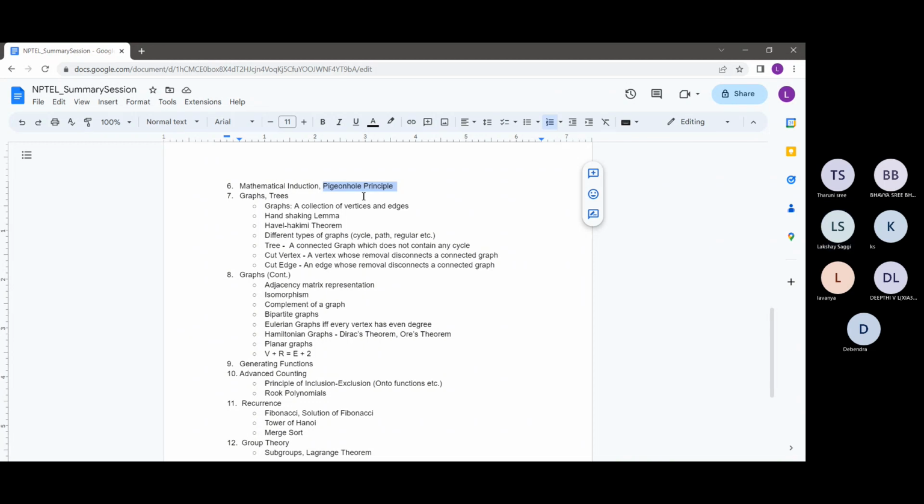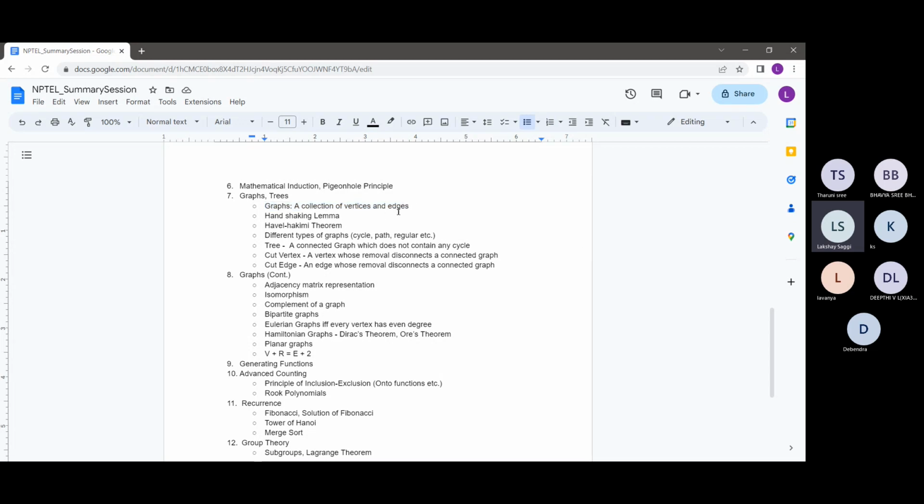And then came week 7, where the concepts covered were mostly related to graphs and trees. First of all, what's a graph? A graph is nothing but a collection of vertices and edges.